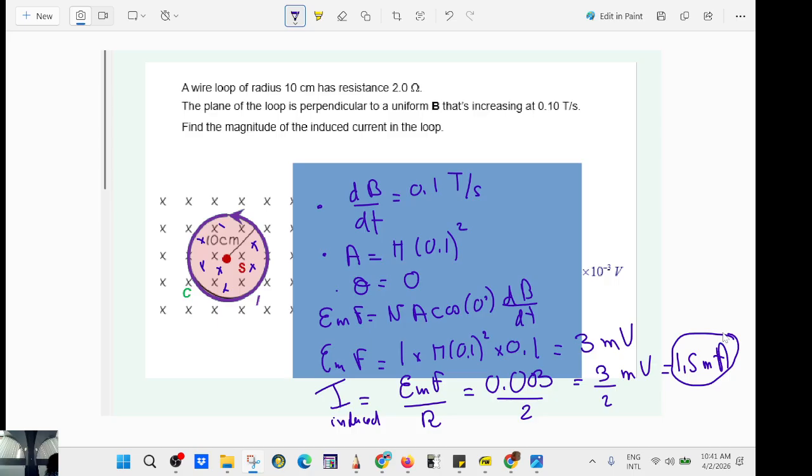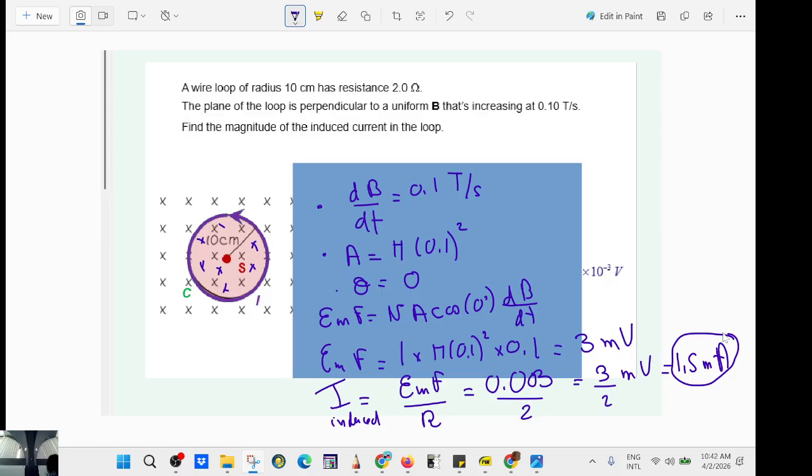The current is going to flow this way, which is counterclockwise. The magnetic field produced by the current follows the second right hand rule. If the current is flowing this way, the magnetic field goes that way.